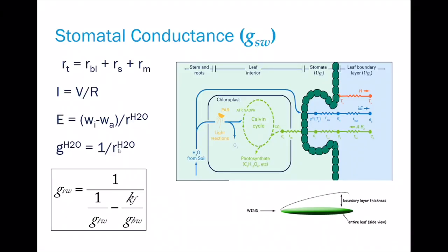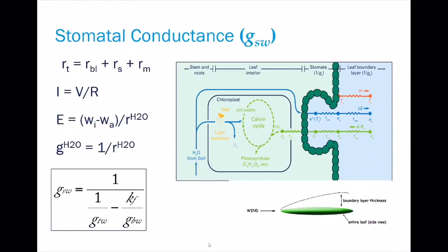So that's what we do here. To understand the full conductance, what we want is the stomatal conductance to water. So in order to solve for the stomatal conductance, we have to subtract out the boundary layer conductance. So this is what the final expression looks like.